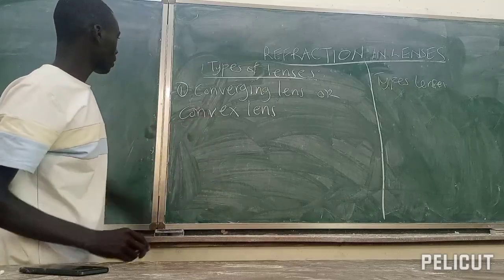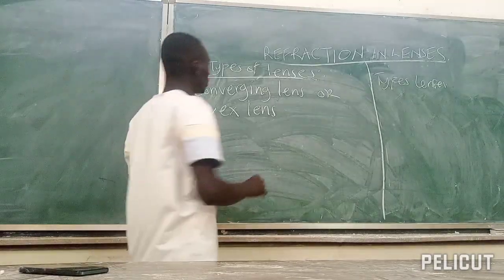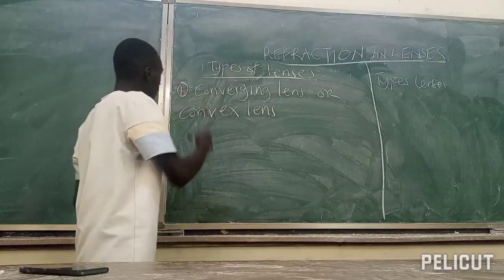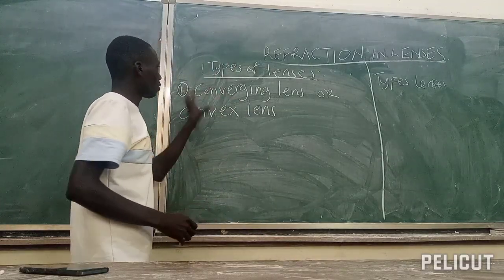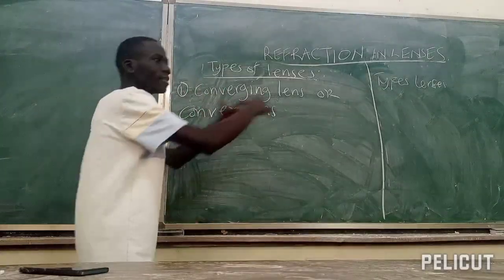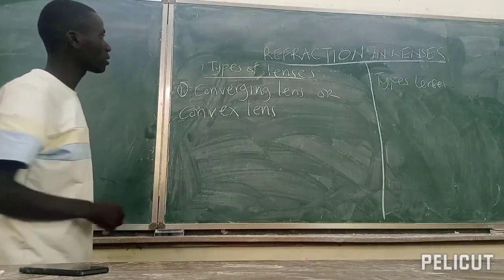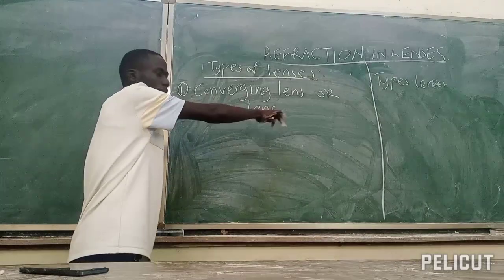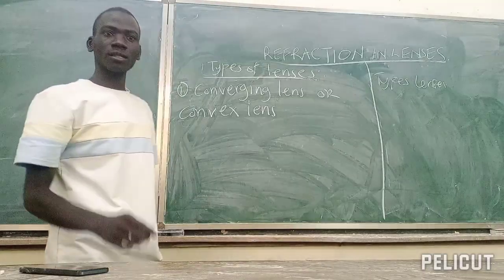When you look at its characteristics, when a light ray falls on it, it will converge that light ray. All the light rays will come together after refraction when they fall into this converging lens, or convex lens.